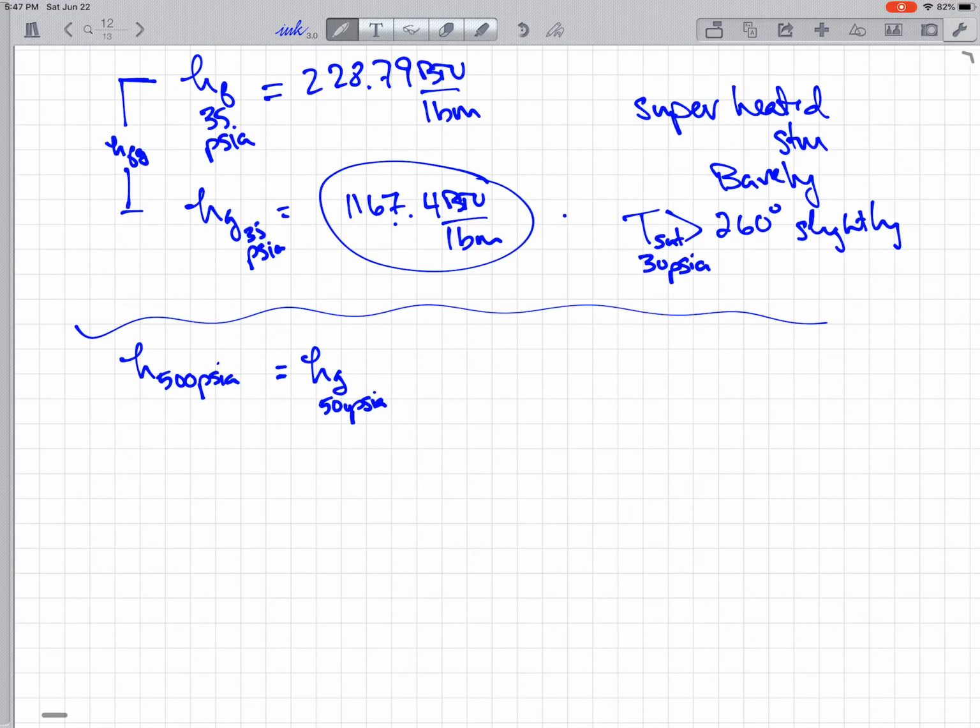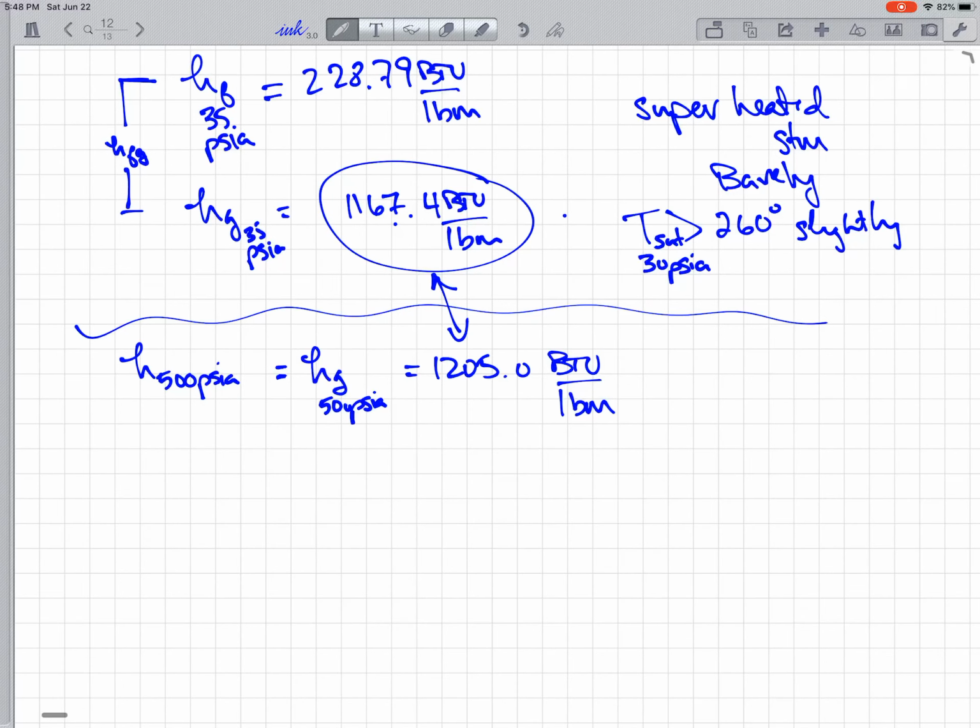You'll see that absolute pressure of 500 pounds per square inch has a corresponding saturation temperature of 467.05 degrees and a saturated steam enthalpy of 1205.0. And that's BTUs per pound mass. Okay? And what do I want to say about that? Look at that. That's much, much more.